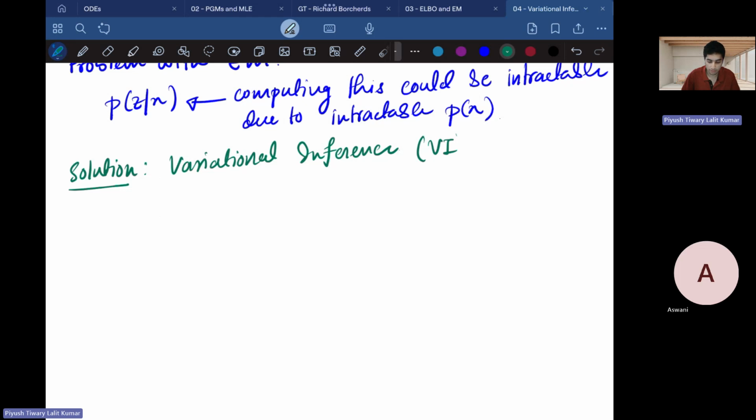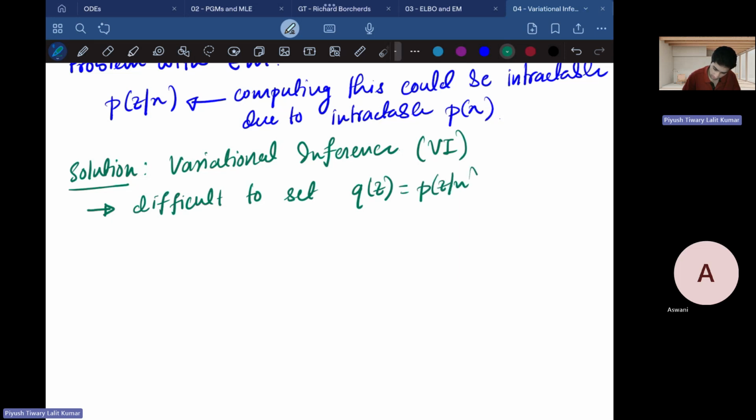So variational inference basically, we cannot compute P of Z given X, and hence we cannot set Q of Z to be equal to P of Z given X. So it is difficult to set Q of Z to be equal to P of Z given X, since P of Z given X is intractable, right? This is the main problem.